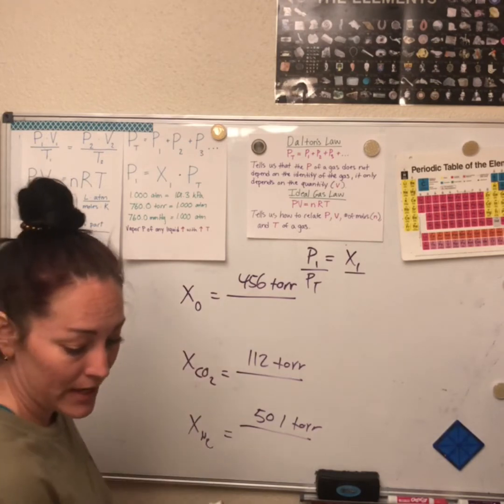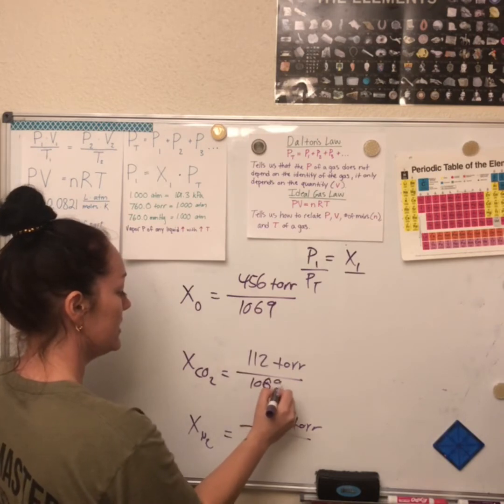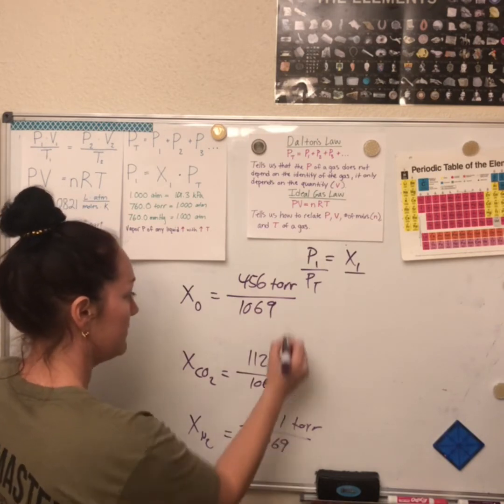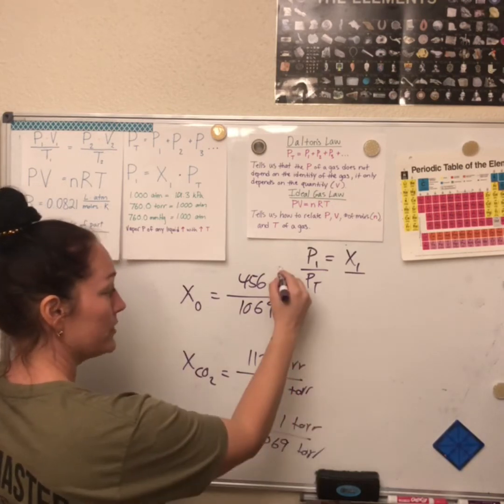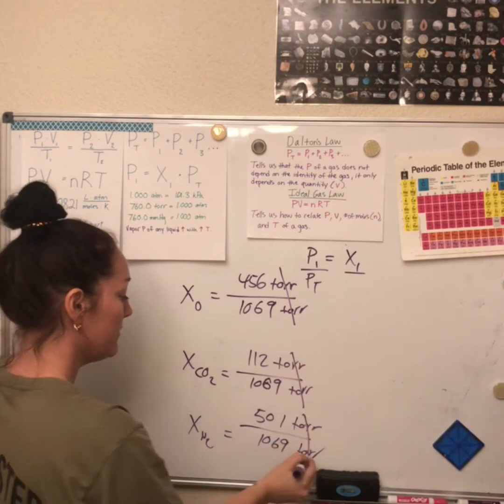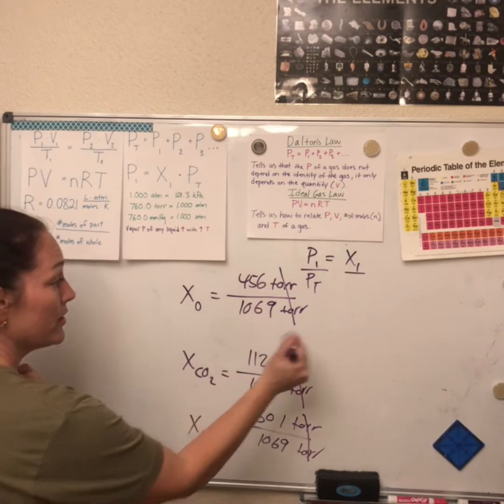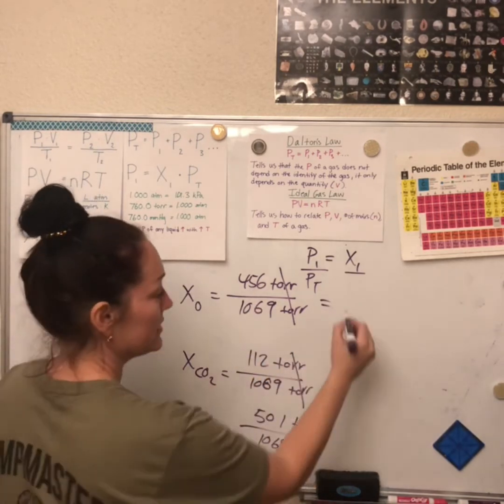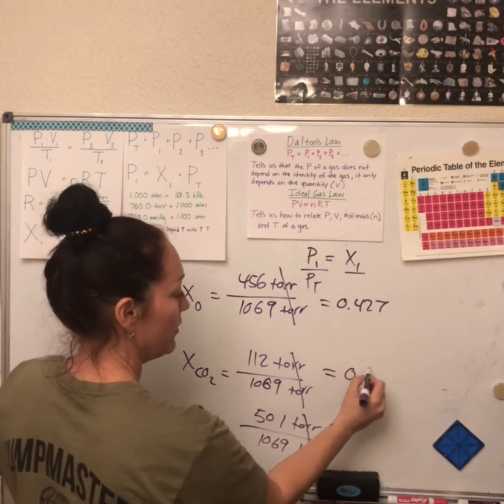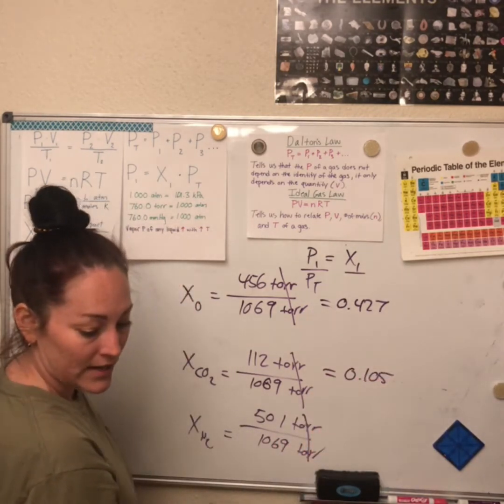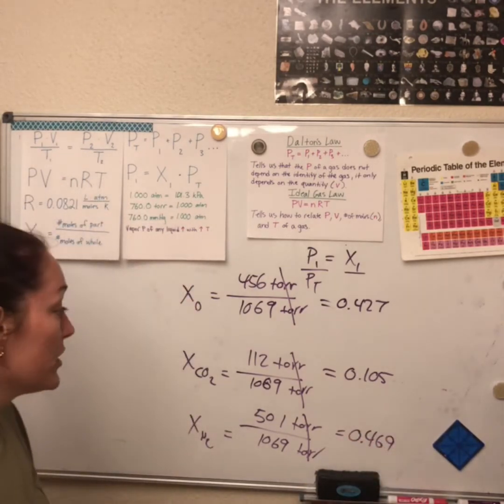So they add up to 1069 torr. So same way, torrs cancel, because remember our mole fraction is just a number, it doesn't have a unit. So when I do this one, I end up with 0.427. If I do this one, I get 0.105. And the last one, 0.469.